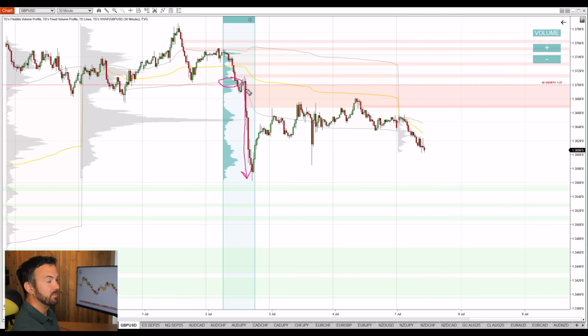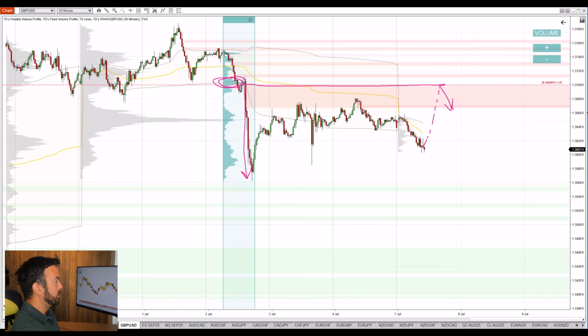This heavy volume zone represents a strong resistance, because sellers are likely to be active here again. So if there's a pullback to this level in the future, it's likely that the sellers from here will initiate selling activity again and push the price downwards from this level again, right?